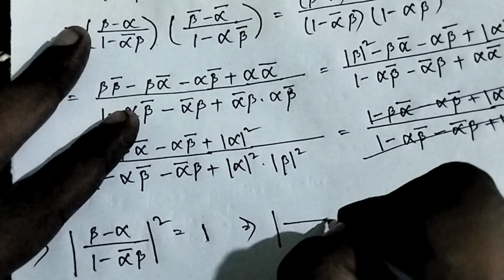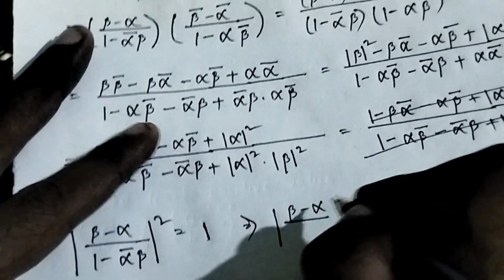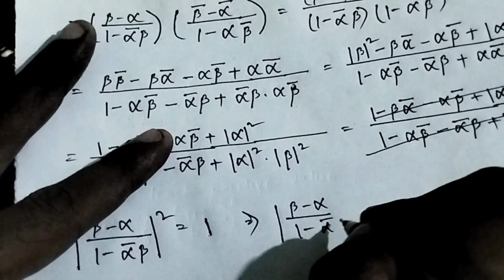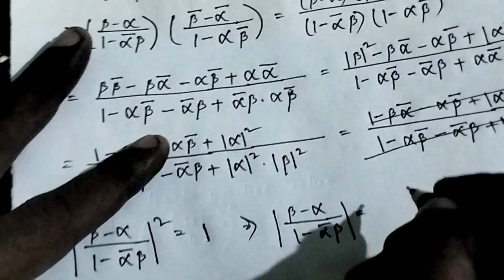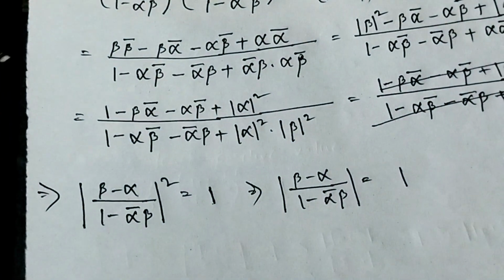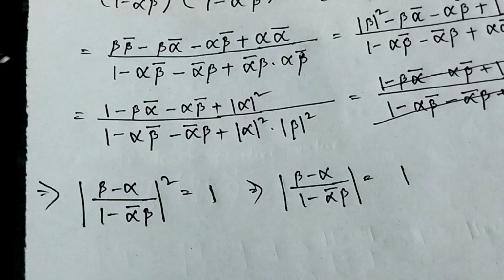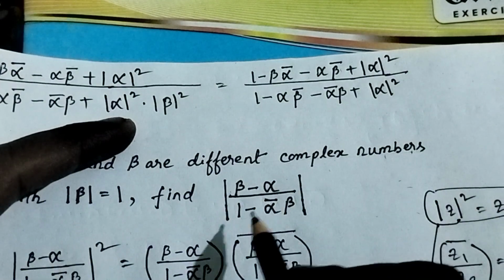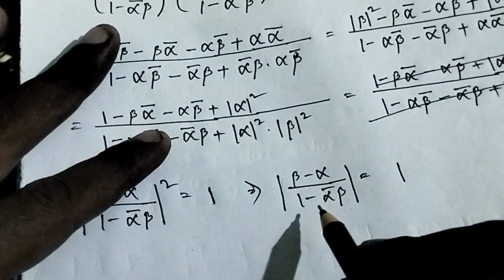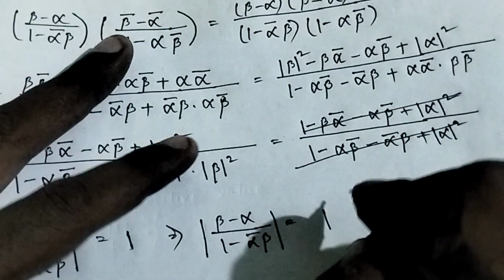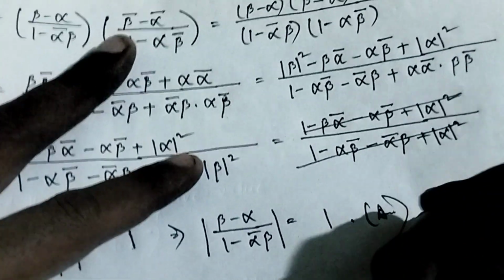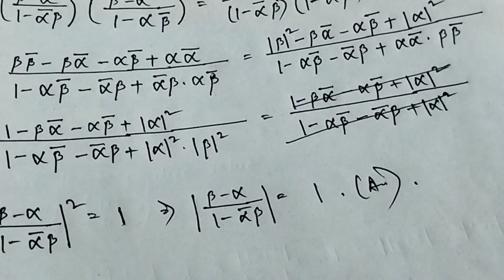After the square root of both sides, we get mod of (beta minus alpha by 1 minus alpha conjugate beta) is equal to 1, since the square root of 1 remains 1 only. So the value of beta minus alpha by 1 minus alpha conjugate beta, in mod, is 1, and this is the answer. 1 is the answer.